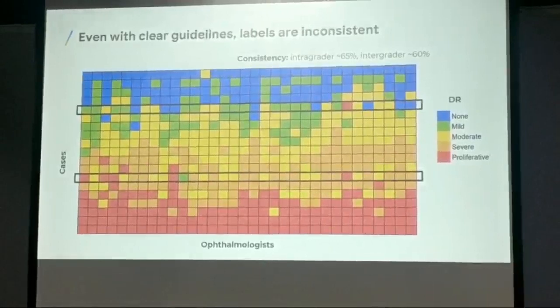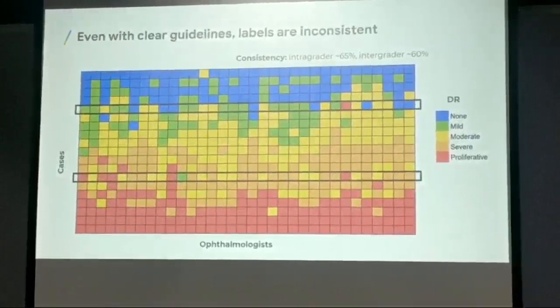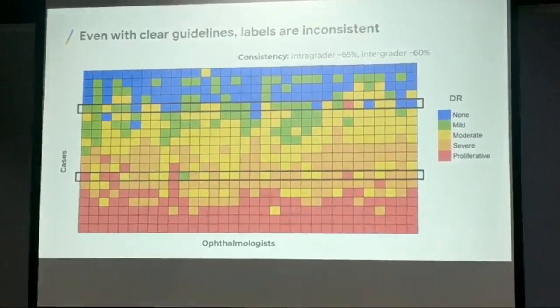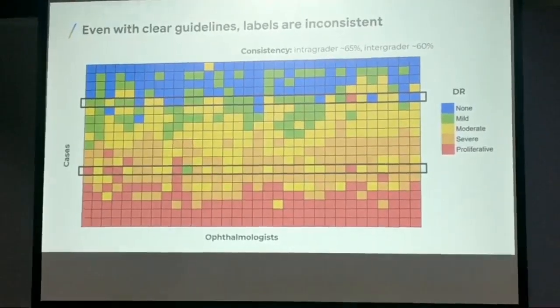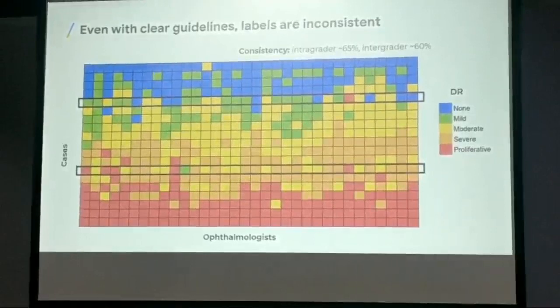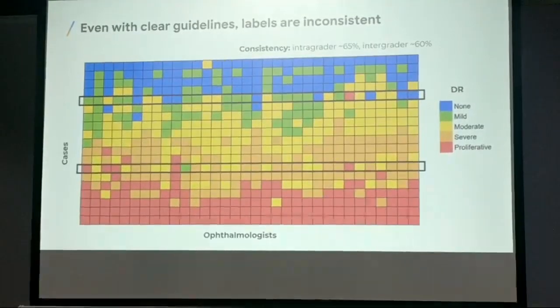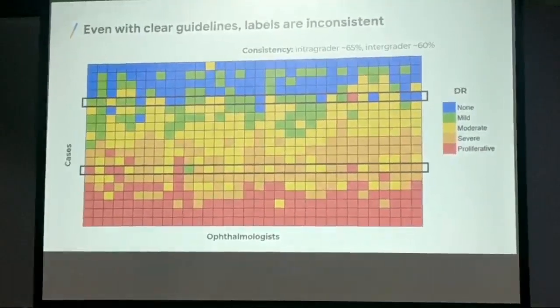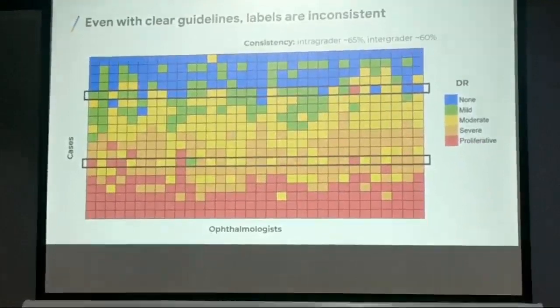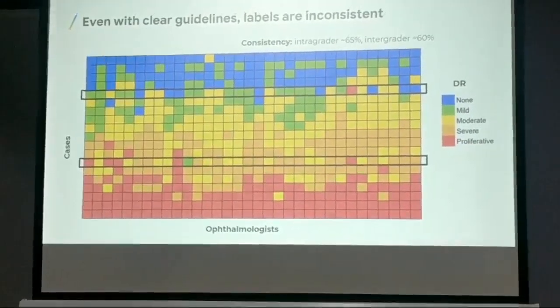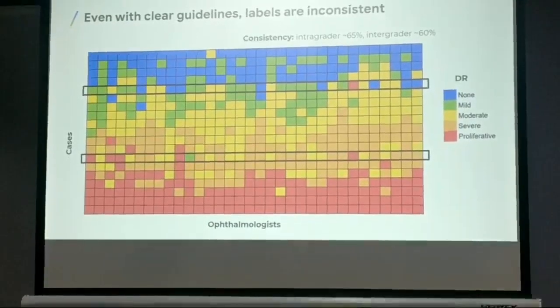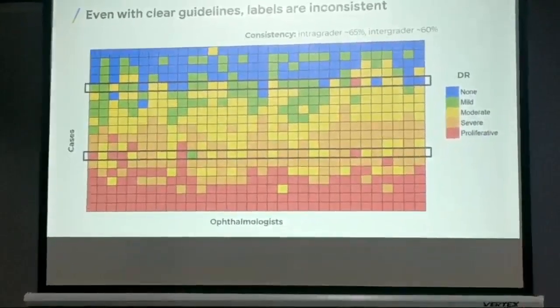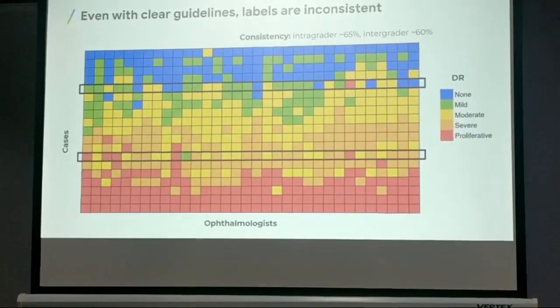Each row represents the collection of labels given for a single fundus photo. And as you can see, there's a lot of disagreement. And again, doctors in the room are not surprised, but our models need consistent grades. And this ultimately hinders and causes challenges in creating the models.